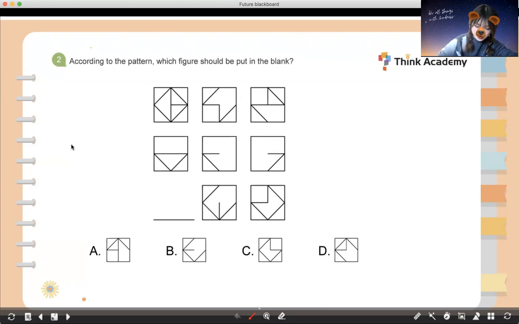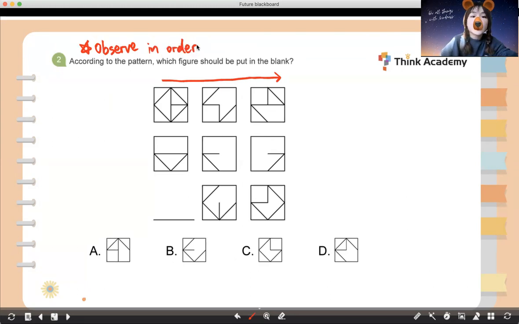We want to look row by row because each row is actually a bit similar, right? This is very important. We want to first observe in order, so we're not going to randomly see this picture and the other picture. We're going to observe in order, looking row by row. What are the patterns we might have?